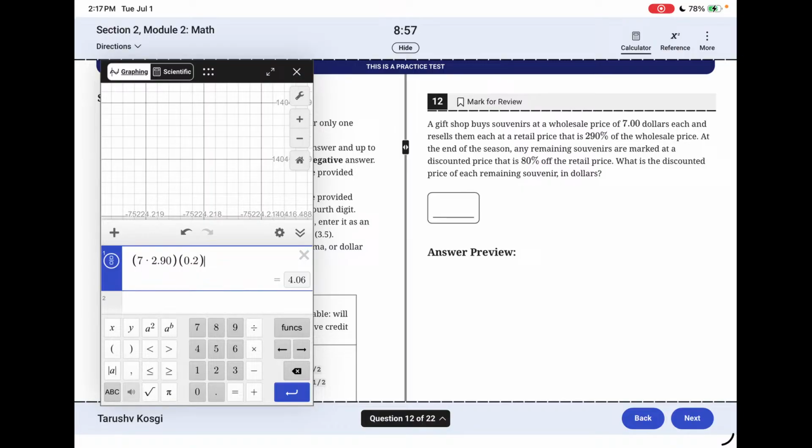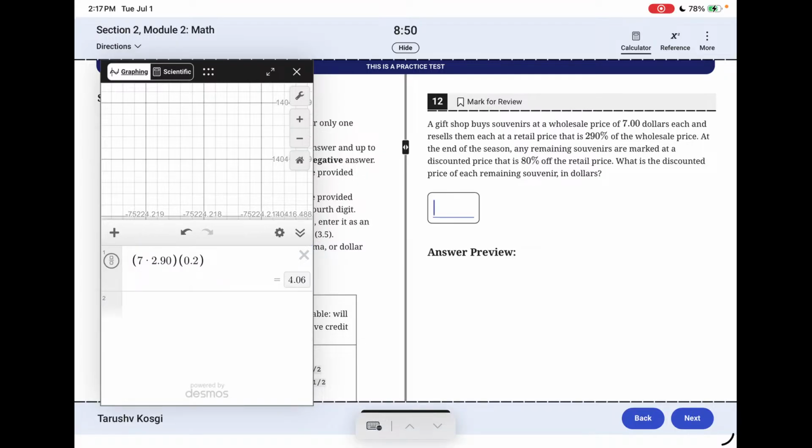Why does the gift shop even do that? They're really losing money. But I guess if they're discounting it that much, yeah, 4.06.